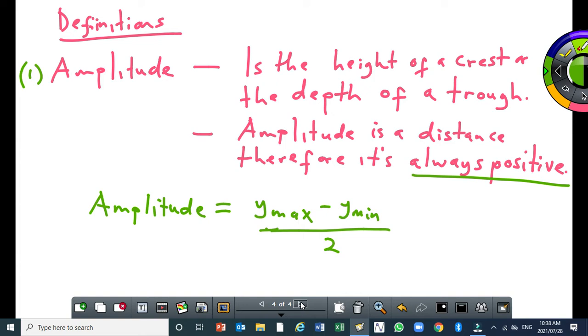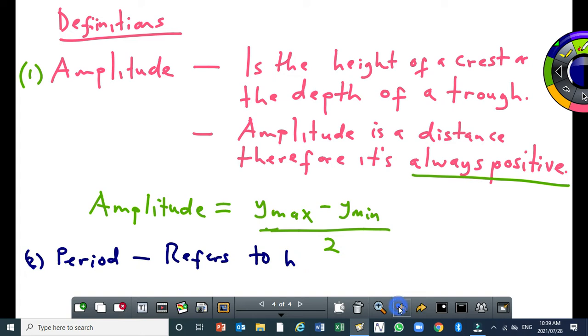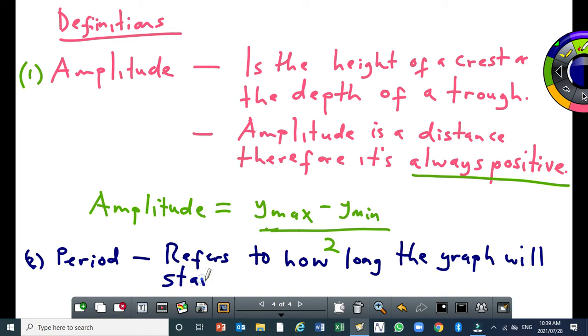So that's amplitude. Then period. Period refers to how long it takes for the graph to start repeating itself.